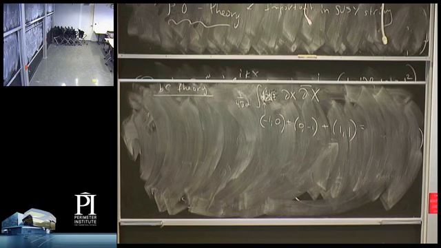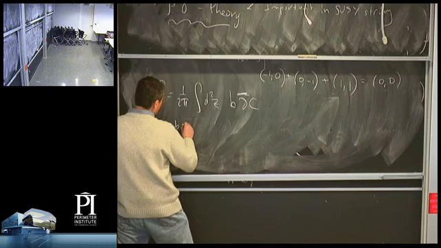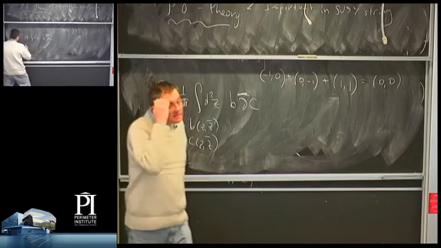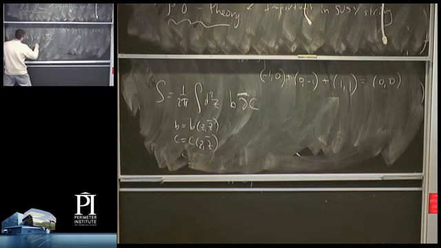So the action is 1 over 2 pi, the integral of d²z, and I'm going to write it as b del bar of c. So B and C are our fields, B of z and C of z.